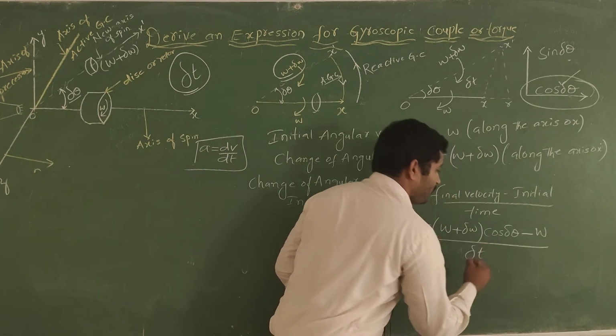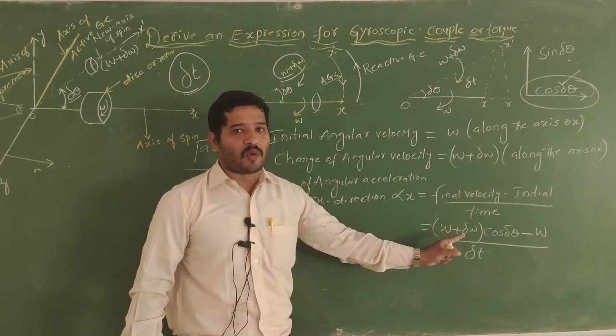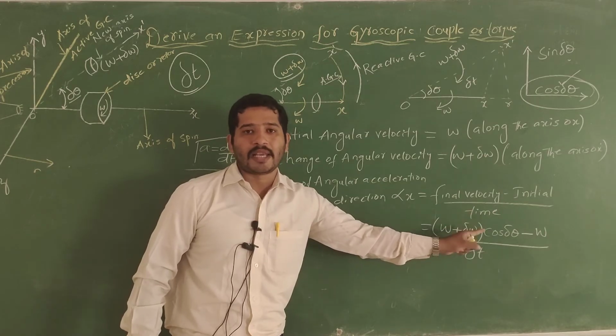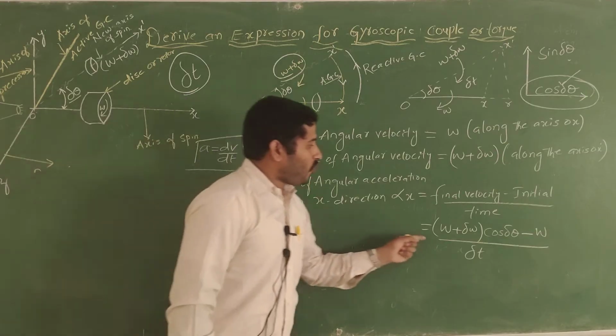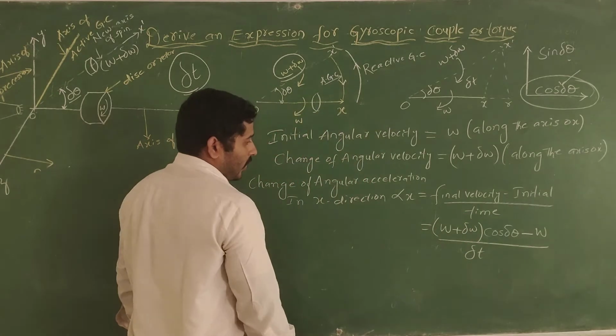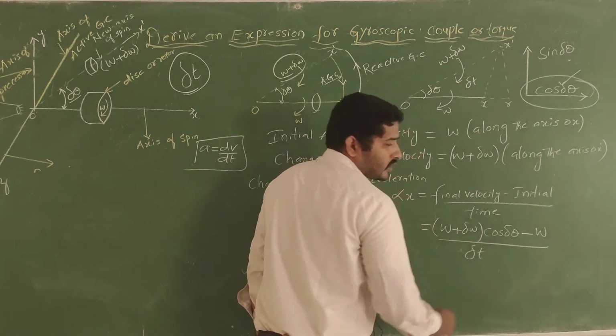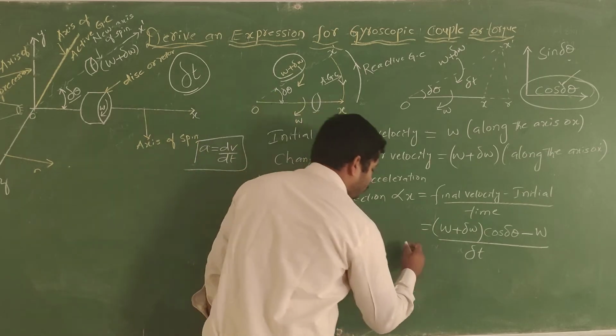Okay dear, the final angular velocity is omega plus delta omega cos delta theta minus the initial angular velocity omega, over the given interval of time delta t.